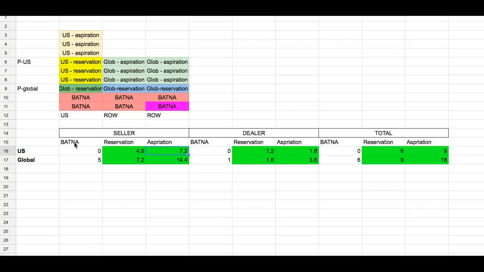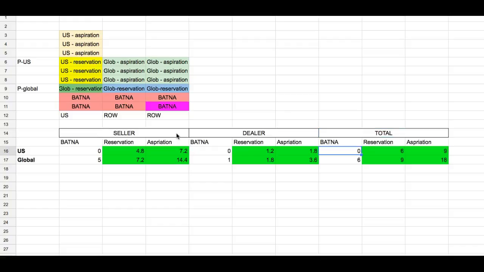That is the total is 6. 20% goes to the dealer. So it's maybe easier to see the total here. So the reservation is 6. So sorry, this is for the seller, this is for the dealer, and this is total. That's not the buyer anymore, the total. Okay. It's only for the seller part. That's for the seller part. Yeah, this is for the seller part.